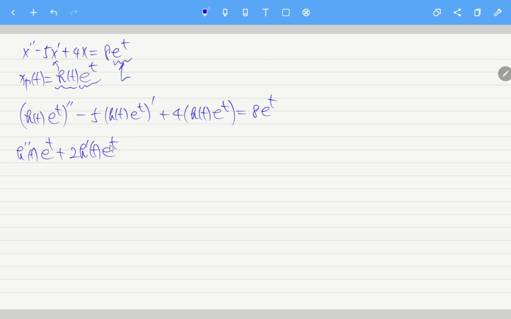The first derivative of e to the t is still the same thing, and then we have the second derivative of this one: h of t times e to the t, minus 5 times the first derivative of this one, h prime of t times e to the t, minus 5 times the first derivative of this one, so we have 5 h of t times e to the t, plus 4 h of t e to the t, equals 8 times e to the t.